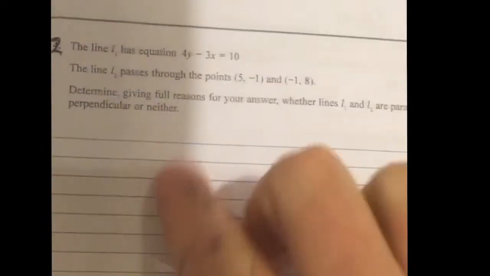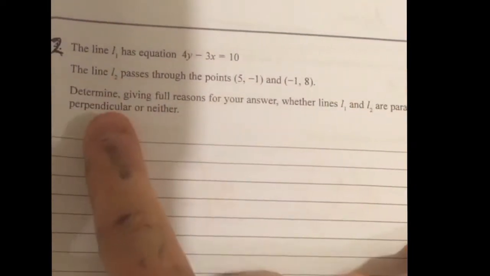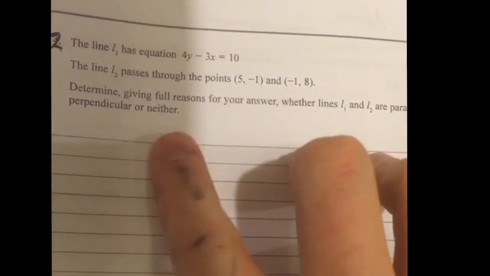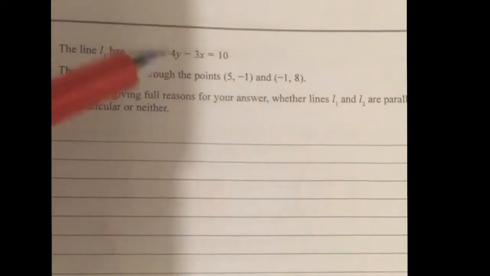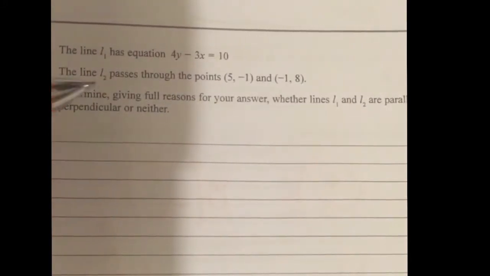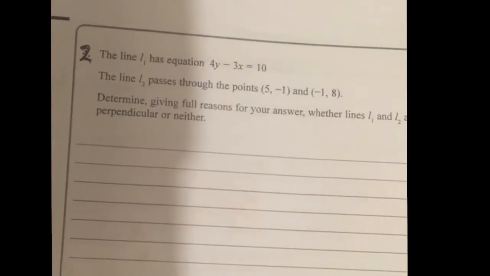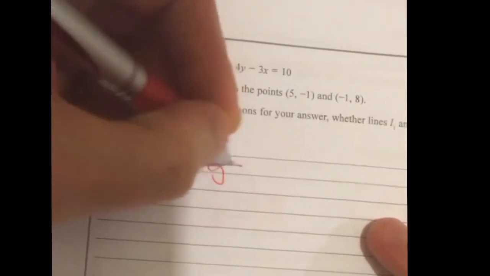Next one is kind of a proof, kind of an investigation that you have to do. So we're given one line and the coordinates for a second line, and we're trying to decide if they're parallel, perpendicular, or neither. So first thing, let's find out the gradients of both of these lines, because that's what determines if lines are parallel or perpendicular. So line 1, 4y minus 3x equals 10.